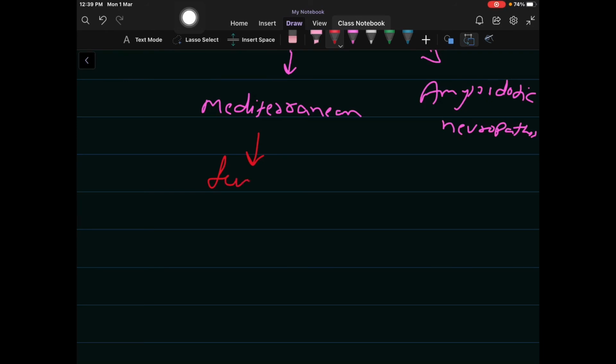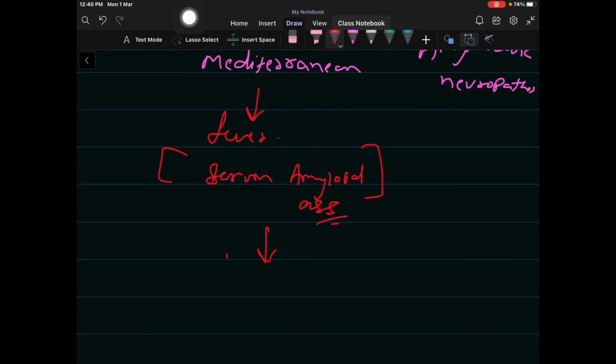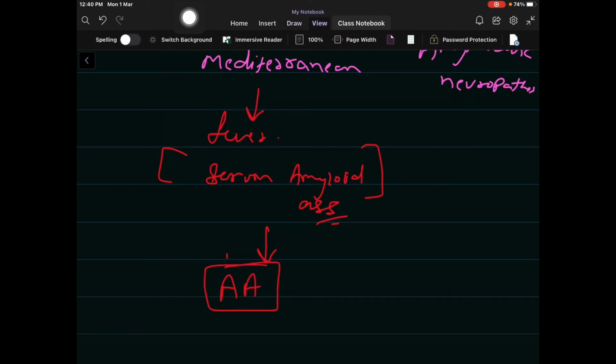Actually, the Mediterranean is the same as the above. That is, the protein involved is serum amyloid associated. Hence, the major fibrillar part will be AA, same as above.